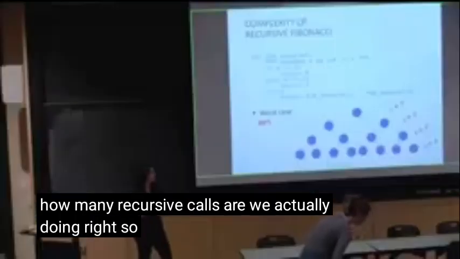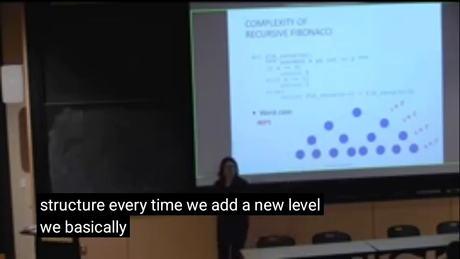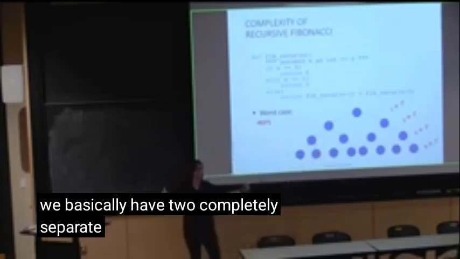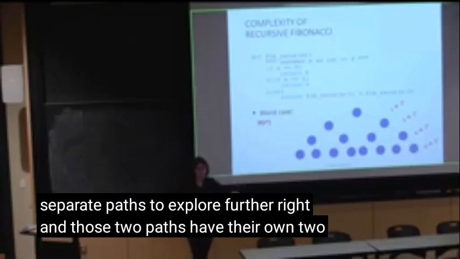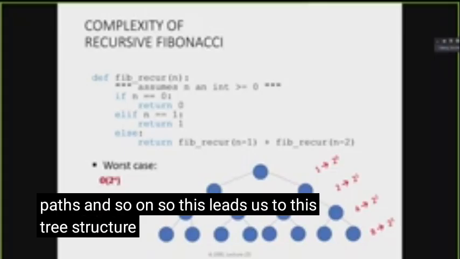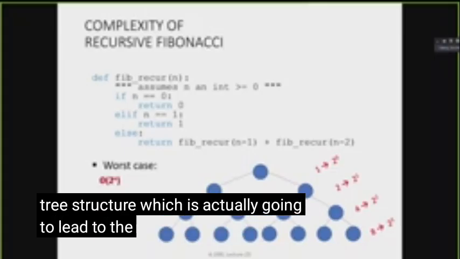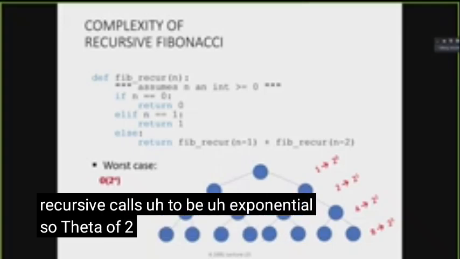Because of this tree structure, every time we add a new level, we basically have two completely separate paths to explore further, and those two paths have their own two paths and so on. This leads to the total number of recursive calls being exponential, so theta of 2 to the n.